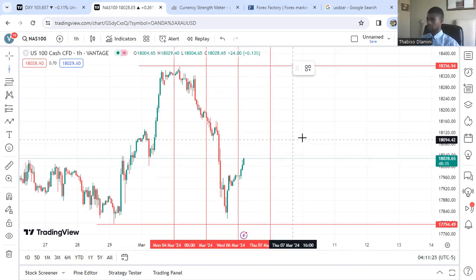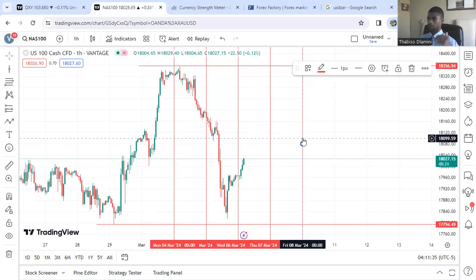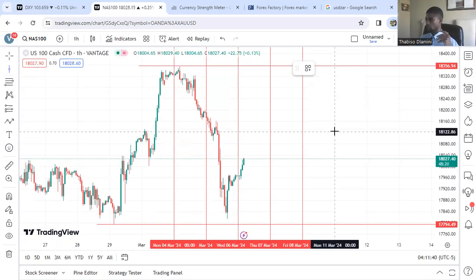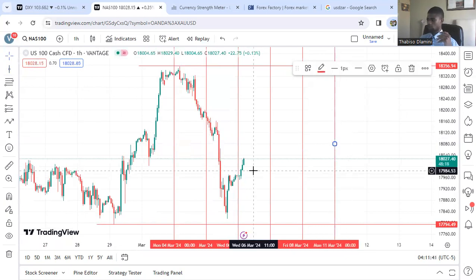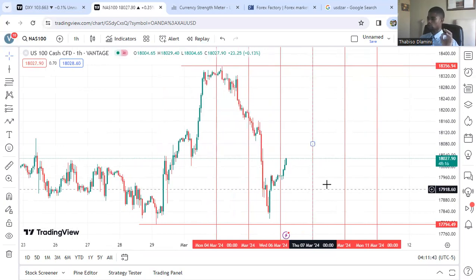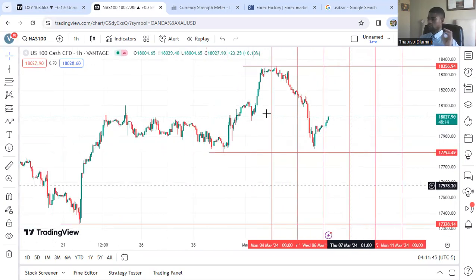You can now determine the weekly opens, weekly highs, and weekly lows, previous weekly opens, weekly highs, and weekly lows, because those are all liquidity areas. Those are places the market might target because there could be orders in those areas. So we just need to determine all those levels to make it simpler for us.